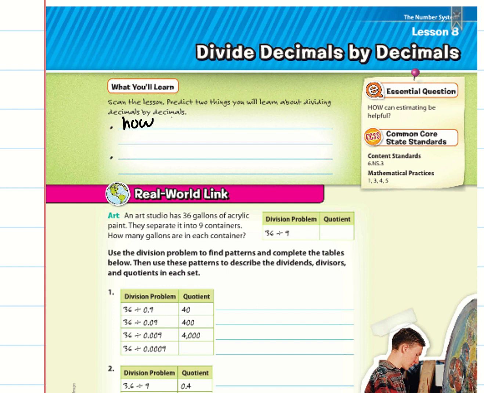How to change the divisor to a whole number by moving the decimal.